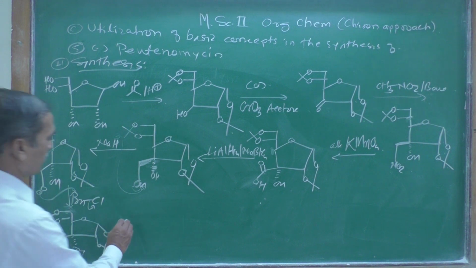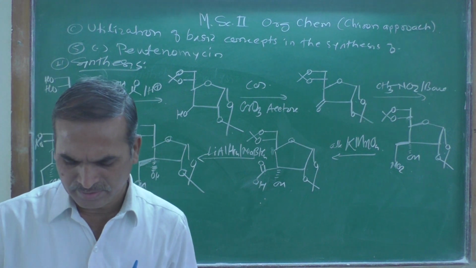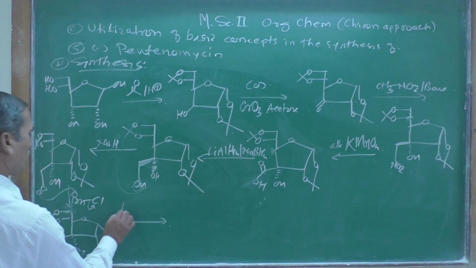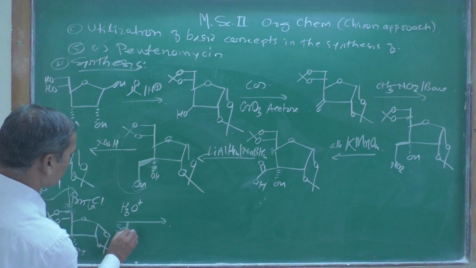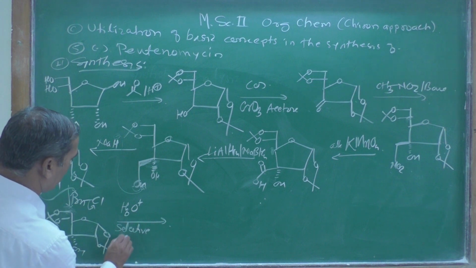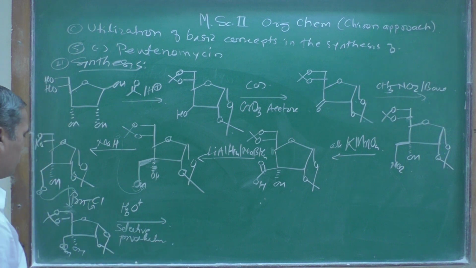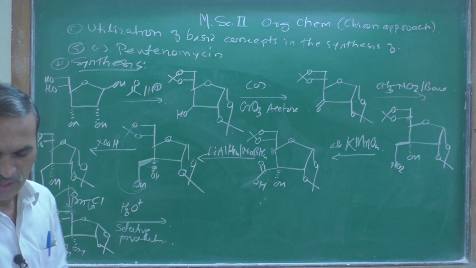And after that, you treat this compound with hydrolysis, selective protection here. Hydrolysis, H3O plus, selective protection. After doing this treatment on this compound, what are you going to get?